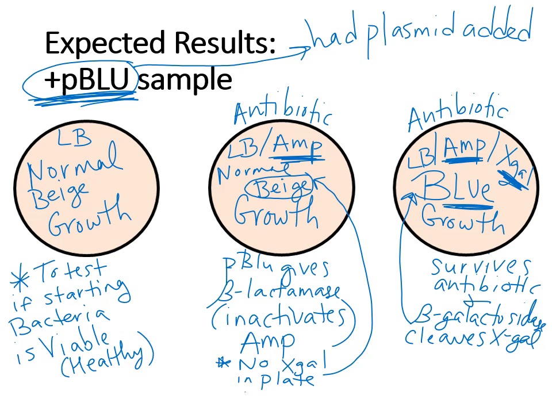I could say, you know, there's an LB amp plate with a minus pBlue sample, and I could describe a type of growth on there, and you should be able to tell me, is that the expected growth, or did something go wrong? And if something went wrong, what might it be? Would it be that there's XGAL there? Would it be that maybe there's no pBlue? You know, you have to be able to analyze these things because those are the types of questions you get asked.